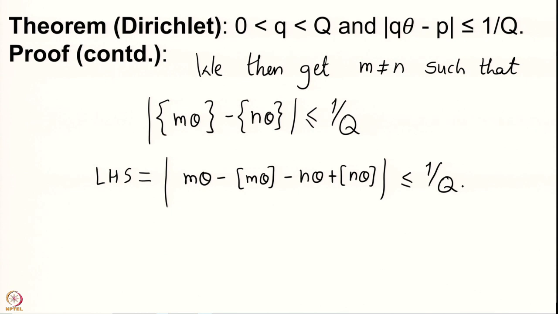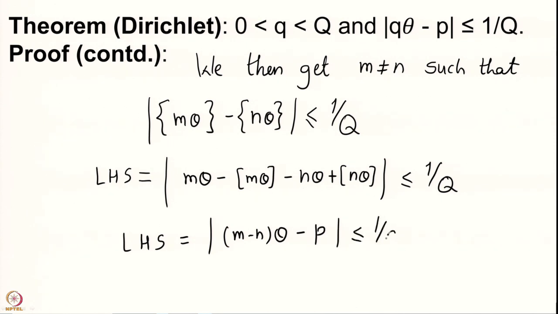This is less than 1 by Q. So, we see that you have (m minus n) times theta minus some rational number. Let us call this some integer, let us call that integer p.